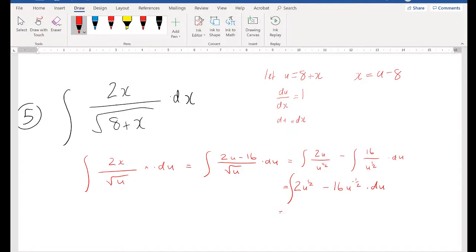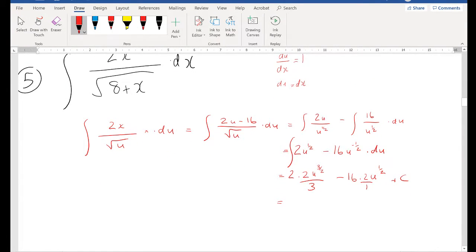And now I can integrate. So I add 1 to the power and divide by it. So what will I get? 2 timesing by u to the power of 3 on 2, flip and times, minus 16 timesing by, add 1, a half, flip and times, clean it up, 4 on 3 times by the square root of u cubed, minus 32 u square root u plus c, and then make my substitution.